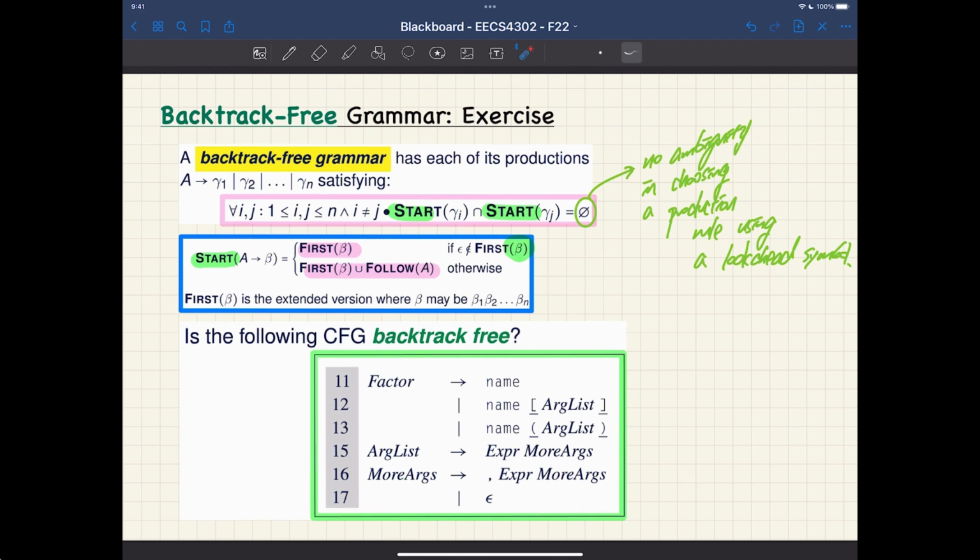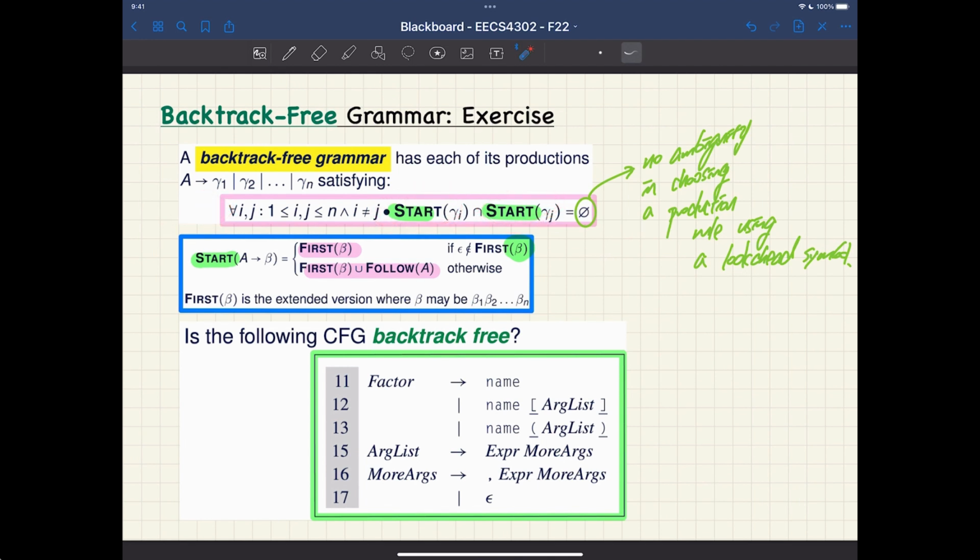If you look at this grammar here, do you think it is the case that for pairwise combinations of the rules, for example, this rule and this rule, they have non-overlapping start symbols? It seems like these 2, yes. But can you find any pair of production rules that actually has a common start symbol, which will break this particular property of being backtrack free?